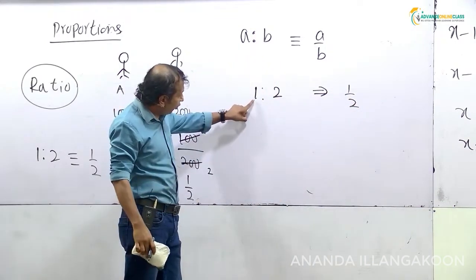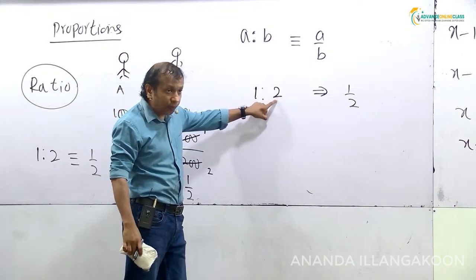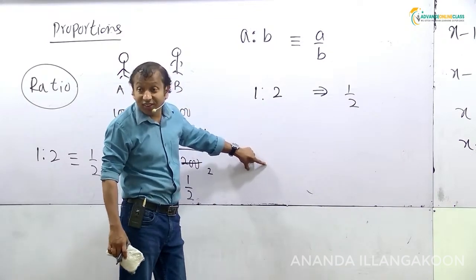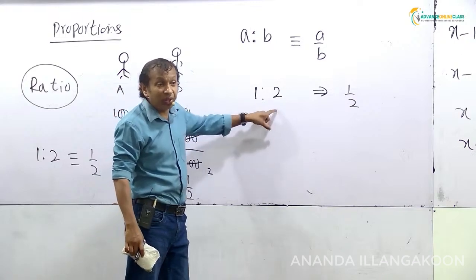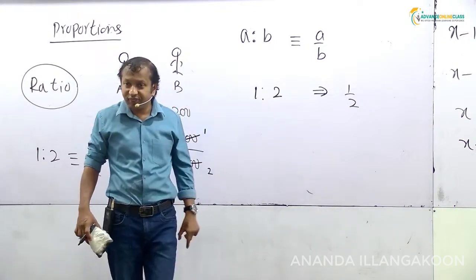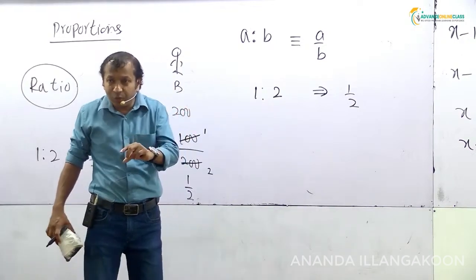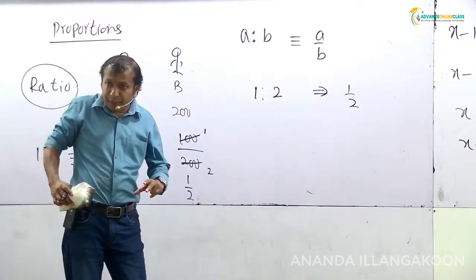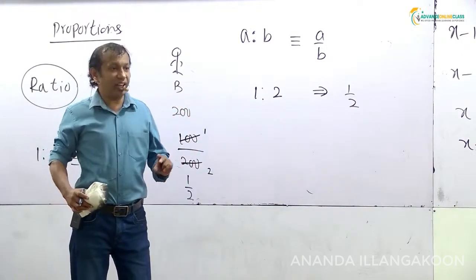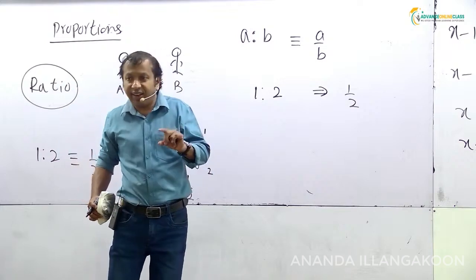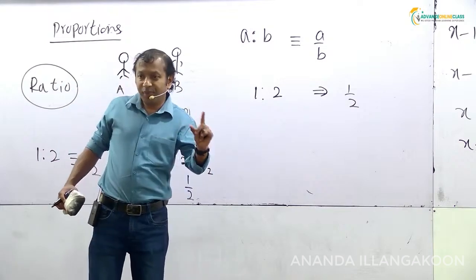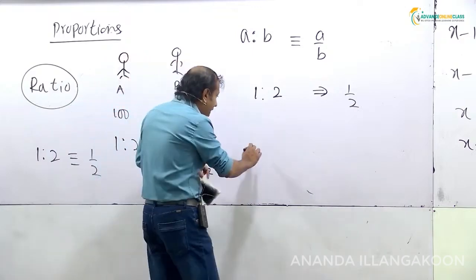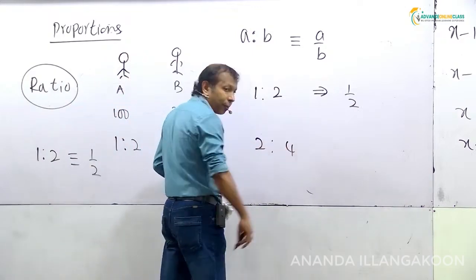Tell me, for this 1 is to 2 ratio, another equal ratio? When A has 1 rupee, B has 2 rupees. The same idea we can give in another way. When A has 2 rupees, B has 4. Then the same ratio I can write as 2 is to 4.